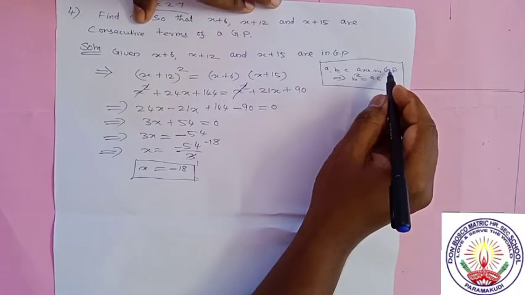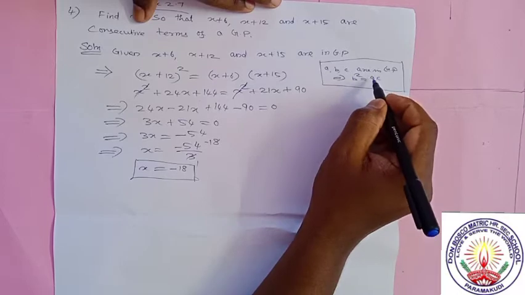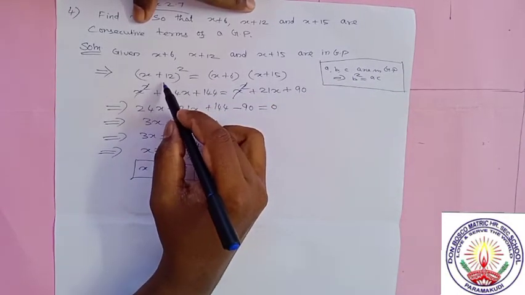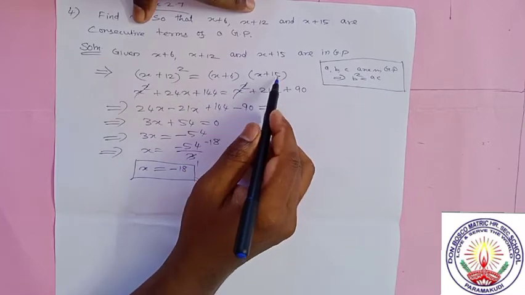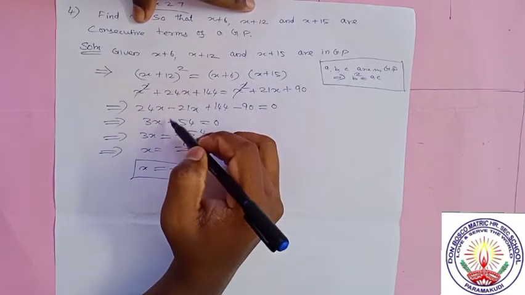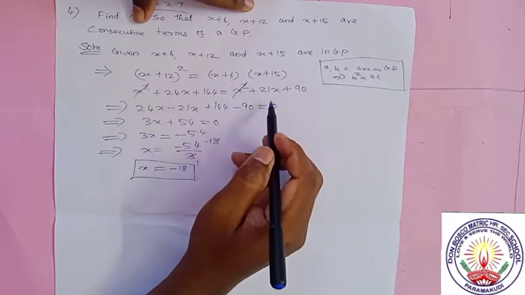If A, B, C are in GP, or three consecutive terms in a GP, then square of the second term is equal to first term into third term. So here x plus 12 whole square, and here x plus 6 into x plus 15. Multiply this side, use the formula a plus b whole square, cancel x square, bring x terms to one side, numbers to one side.